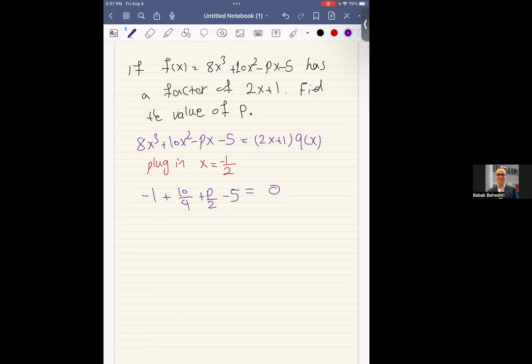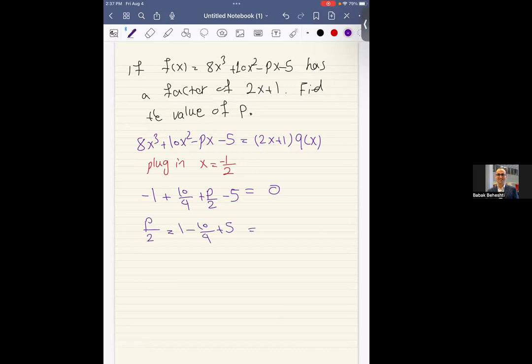So basically what you do is you try to make the right-hand side 0, find that number, and then plug it into the left-hand side. So p half is basically equal to 1 minus 10/4 plus 5.